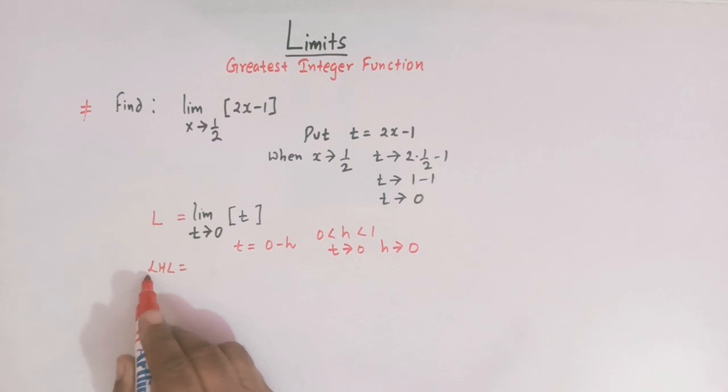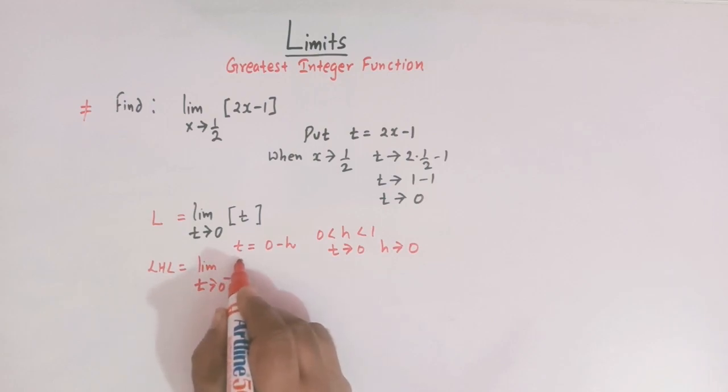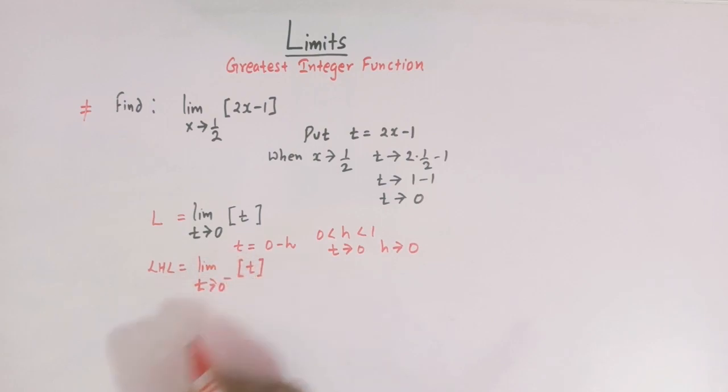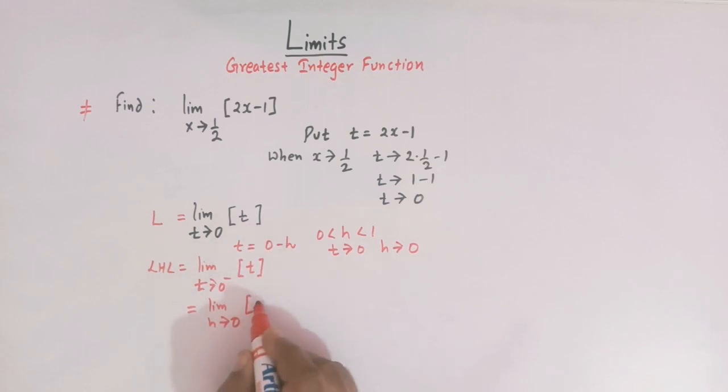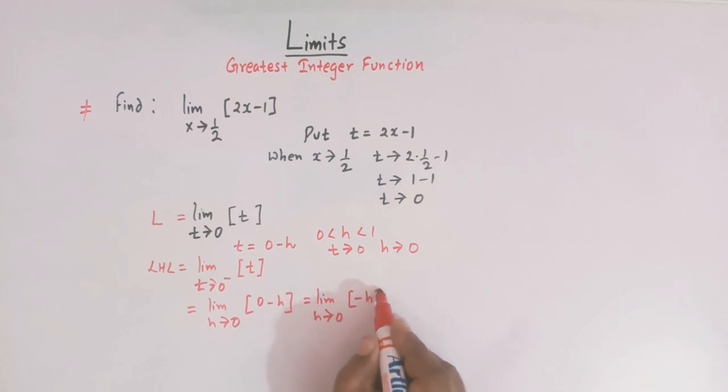So the left hand limit can be written as the limit as t tends to 0 minus of the greatest integer of t, which is the limit as h tends to 0 of the greatest integer of minus h.